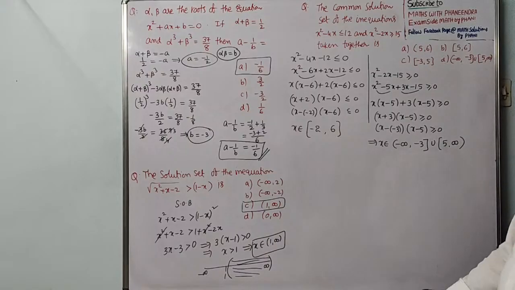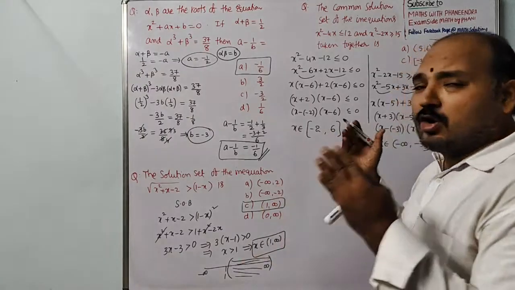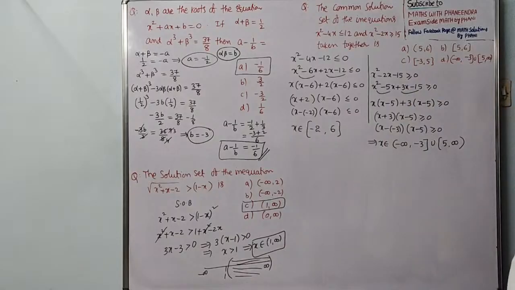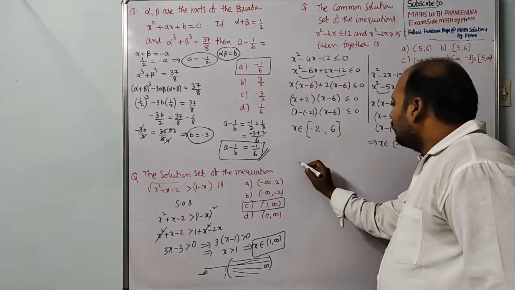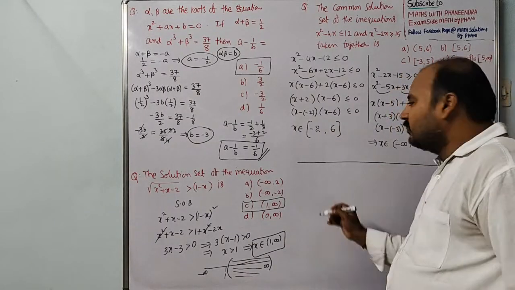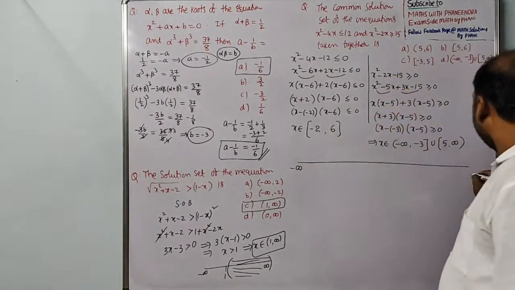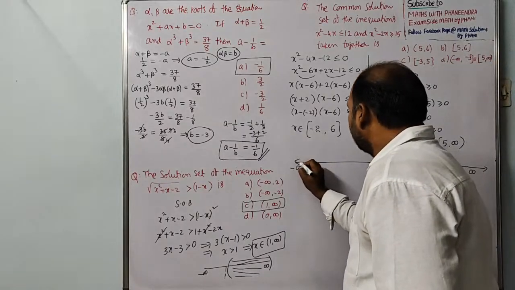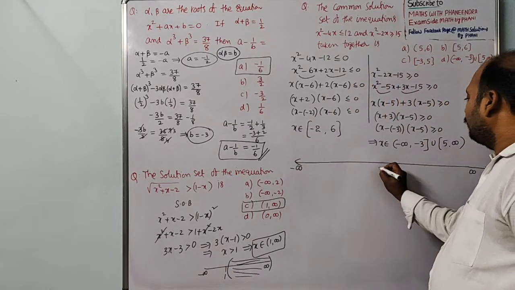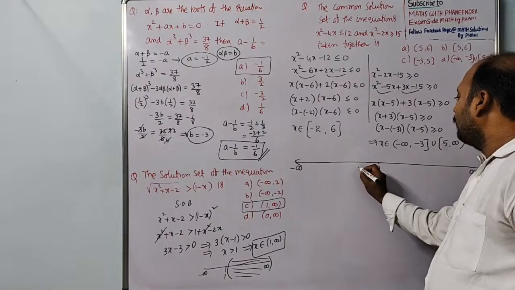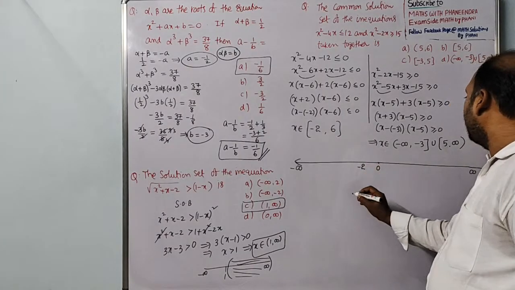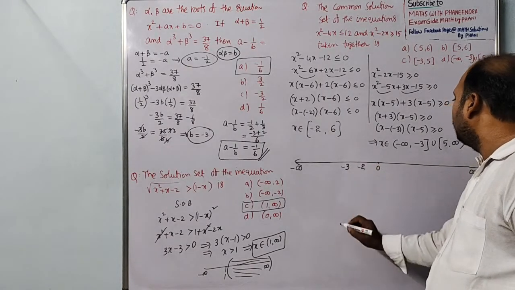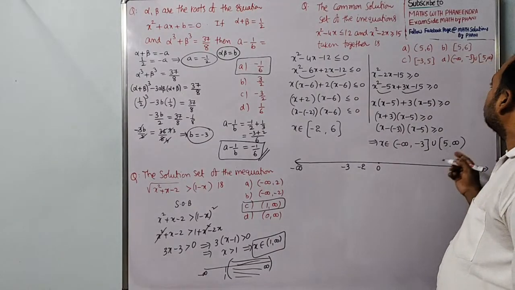Okay. Now, in these, what is the common interval they are asking to find? See, this is the real number line, minus infinity to plus infinity. So, 0, minus 2 will be here and minus 3 will be here and plus 5 and 6 is there, no?